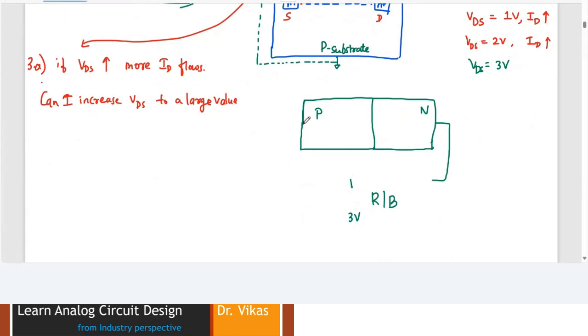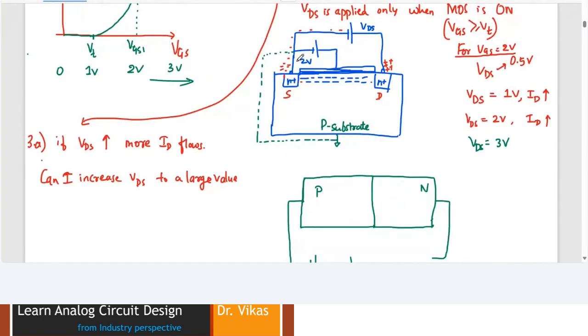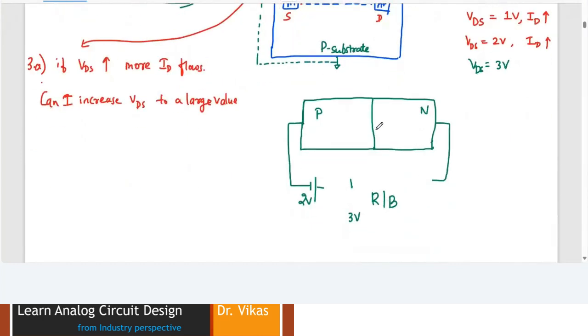So P is connected to the 2 volt, right? See, this is my 2 volt. And N is connected with the 3 volt. So basically here it is plus 2, sorry, minus 2 volt.